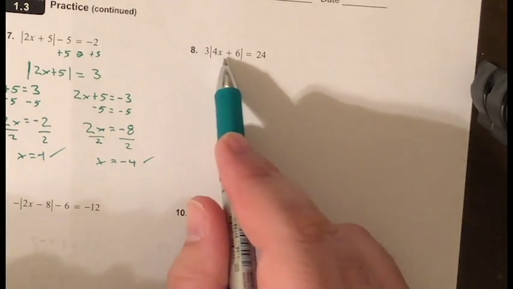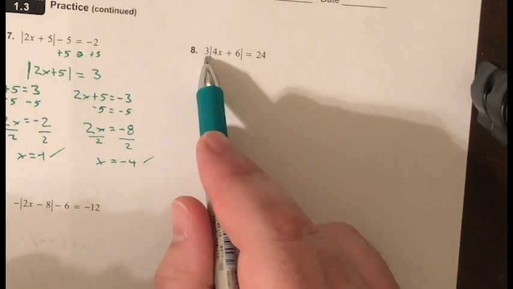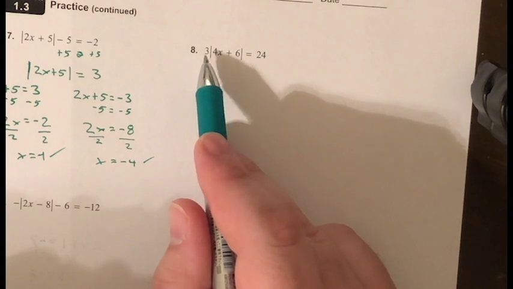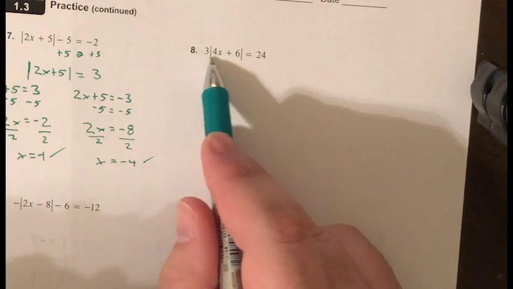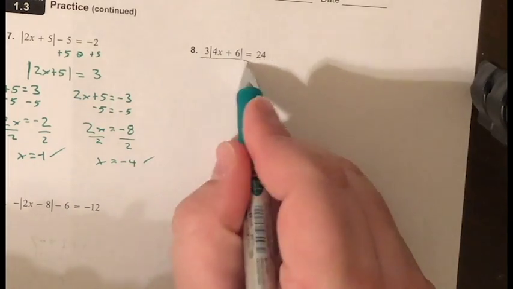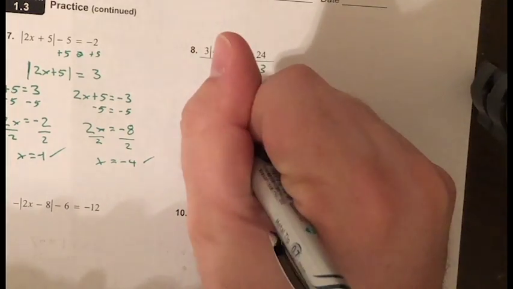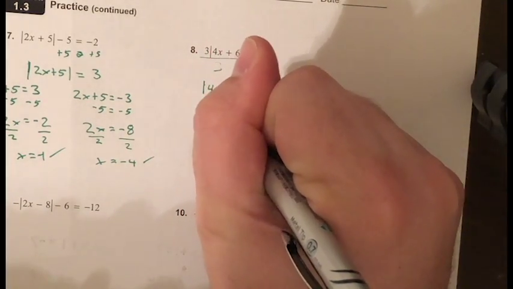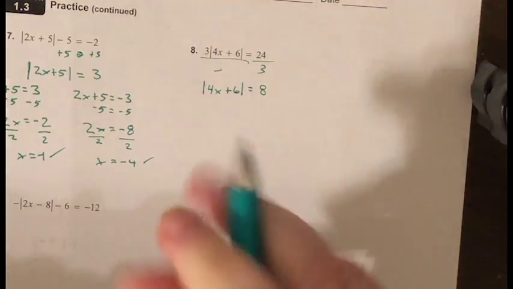So the best thing for me to do, since I can't do anything with this absolute value expression, is to get rid of this 3. And since this 3 is multiplying the absolute value, I need to get rid of it through division. So I can divide this whole side by 3. And when I do, I get the absolute value of 4x plus 6 is equal to 8.